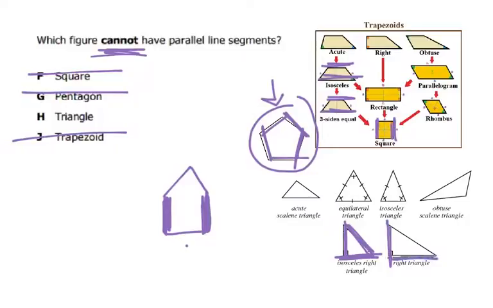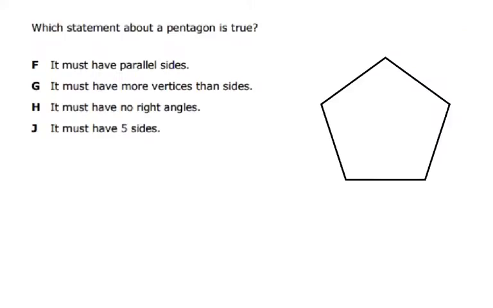This one and this one, they intersect. These intersect. These intersect. Every triangle you look at, the 3 lines are going to intersect. So in a triangle, by definition, you cannot have parallel line segments. So H would be our answer. Let's go on to the next problem.